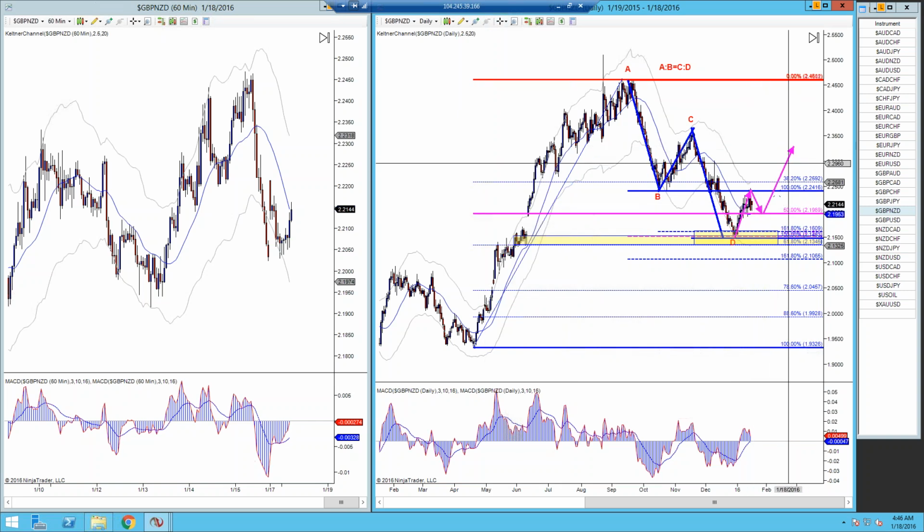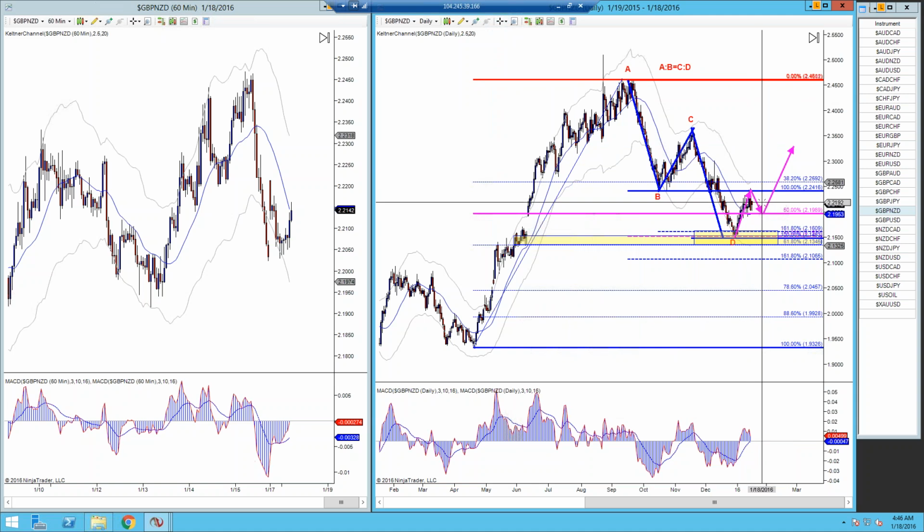So in the coming days you want to look at the GBP NZD for a move down before it goes higher. I would not be too much of a bull. I wouldn't even be a bear. I would just wait for the GBP NZD to come down for several days. Maybe it takes a week.